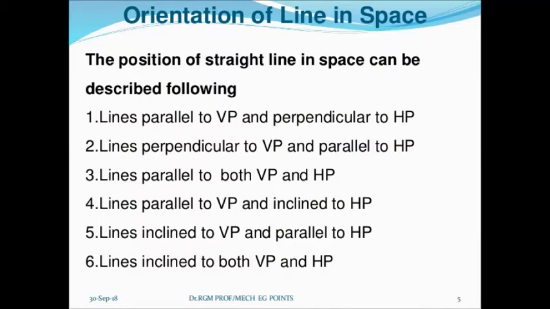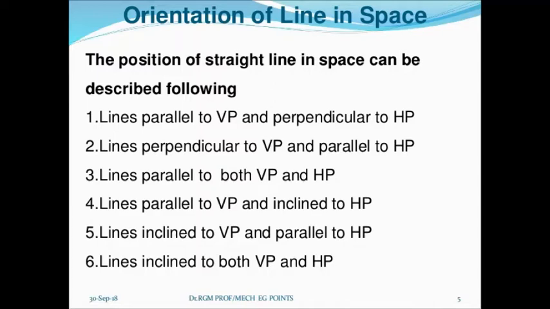Now let's see the orientation of a line in space. The position of a straight line in space can be described as follows. We have to discuss the following things. First one, a line which is parallel to VP and perpendicular to HP. Second one, line perpendicular to VP and parallel to HP.